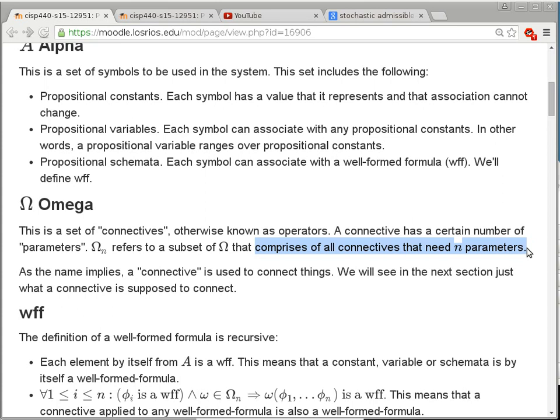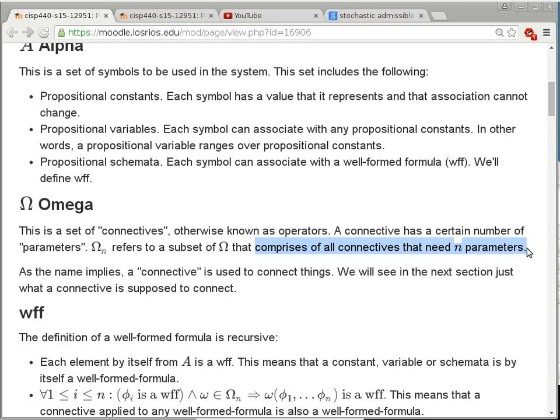Now conjunction, on the other hand, only needs 2 things, right? By convention, it is an infix operator, but you can always look at it as a function as well, with 2 parameters. Is that okay? So conjunction as a connective is an element of omega 2 because it requires 2 parameters. We only have one that is in omega 1, and that's negation. So negation is an element of omega 1 because it only needs 1 parameter.